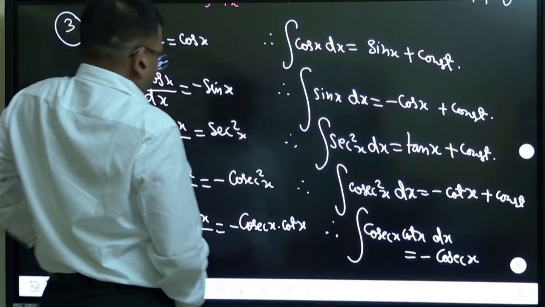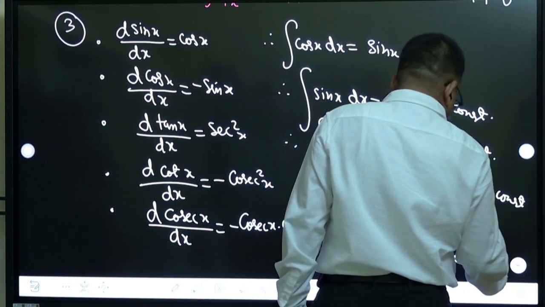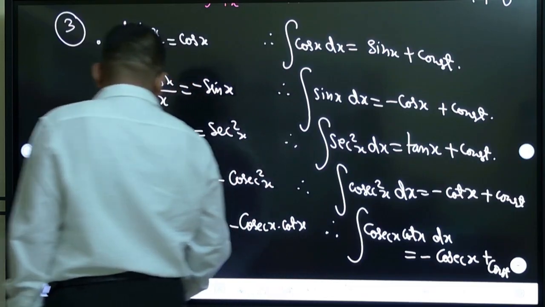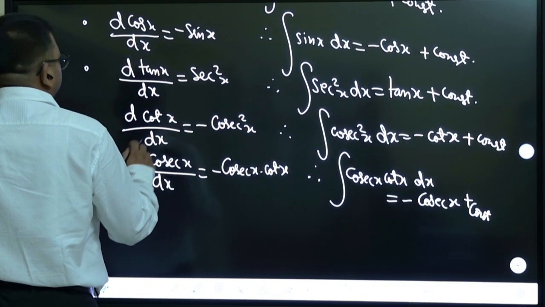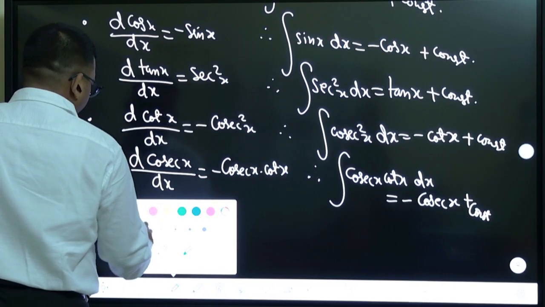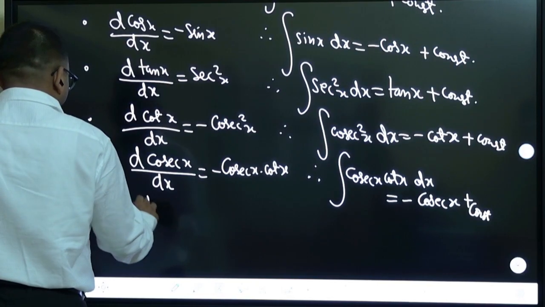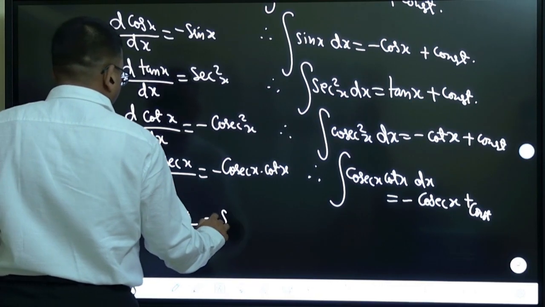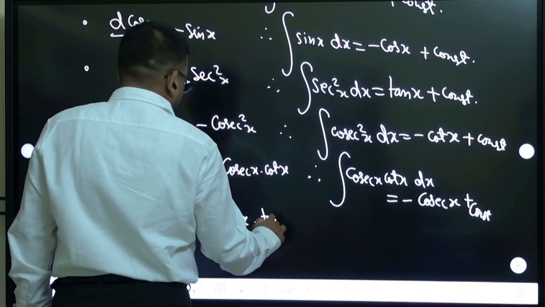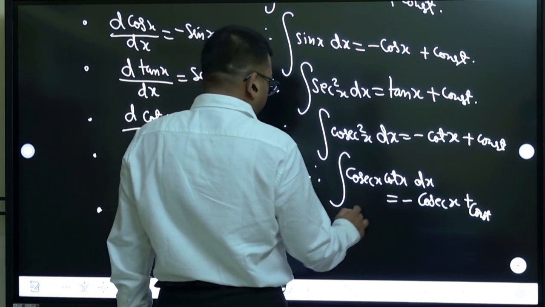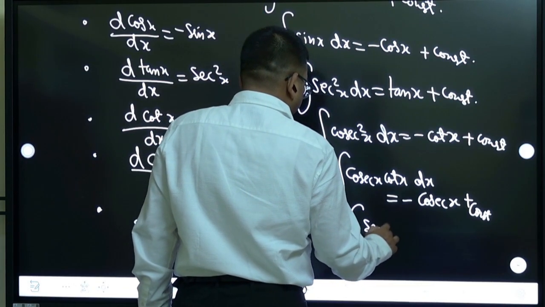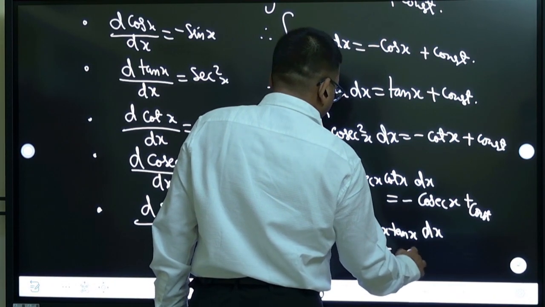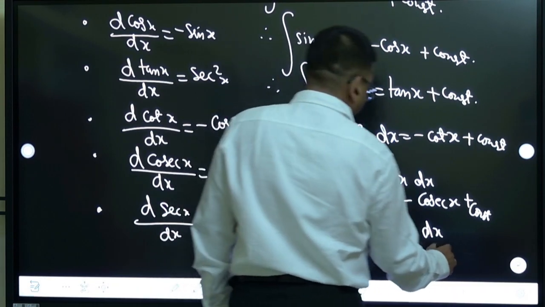Then secant is remaining. Differentiation of secant x with respect to x is secant x tan x. So just the reverse: integration of secant x tan x with respect to x gives us secant x plus some constant of integration.